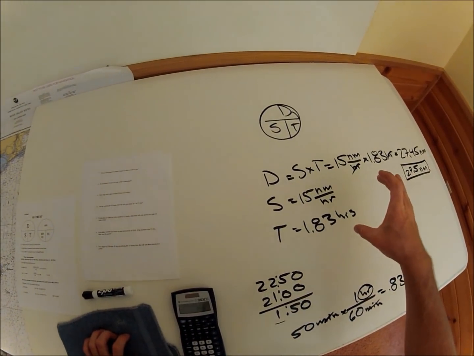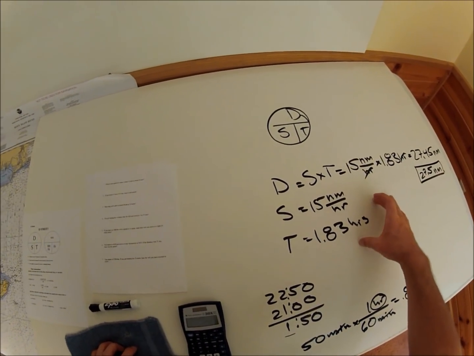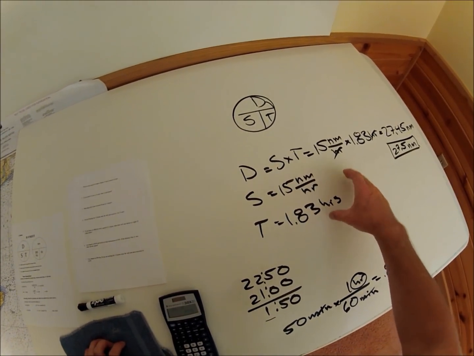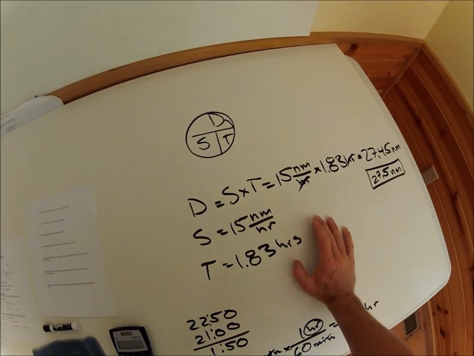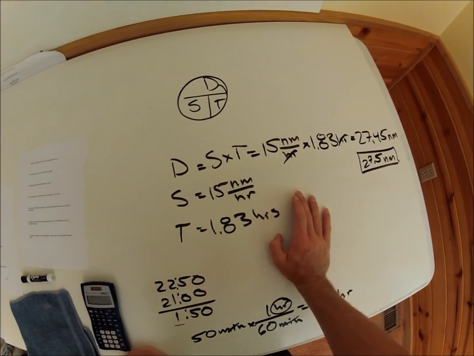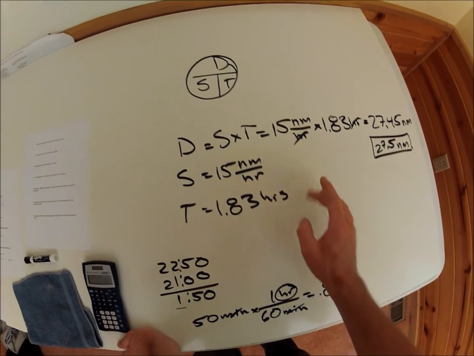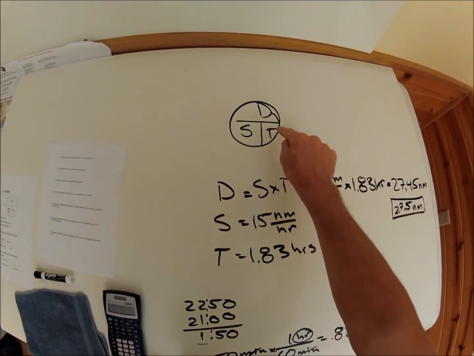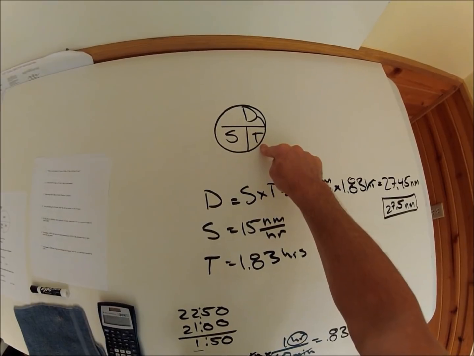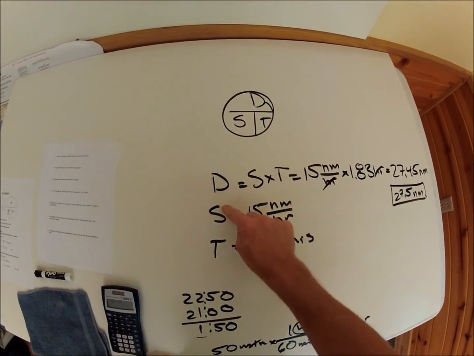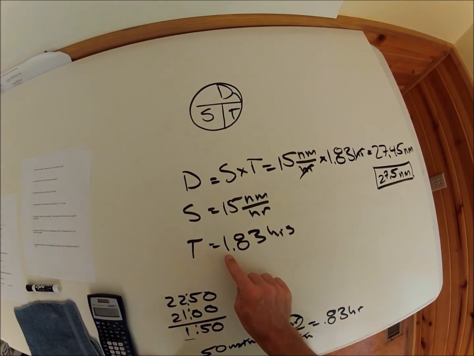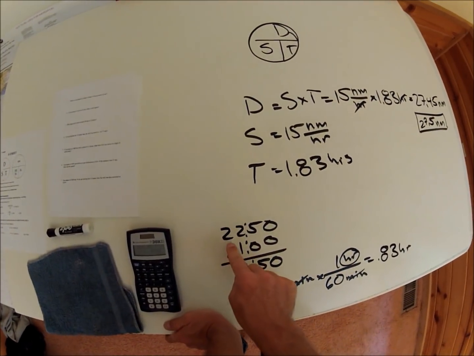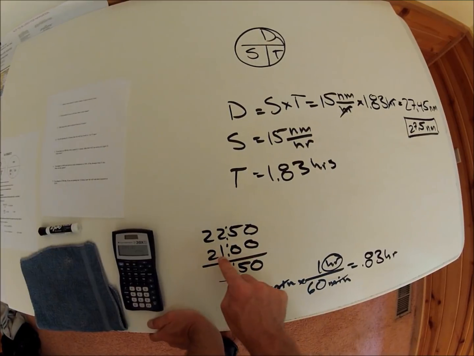These are crucial to solving the chart problems. So understand this. One of the hardest parts of this course for a lot of people is this time conversion. Understanding that to put time into this distance, speed, and time equation, it must be in only hours. Whereas on a clock, we get 22 hours and 50 minutes, right? 21 hours.